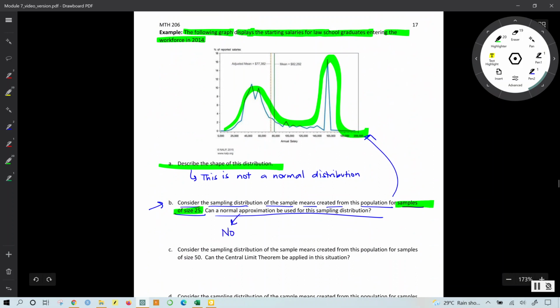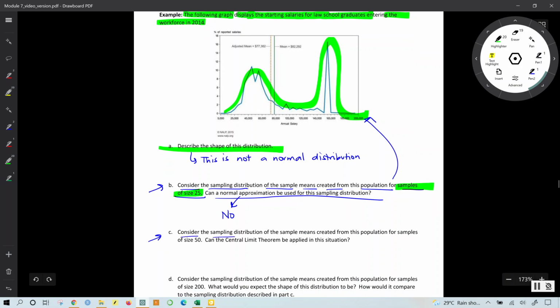A normal approximation cannot be used for the sampling distribution because the sample size is not large enough. In contrast, in question C, consider the sampling distribution of the sample means created from this population for samples of size 50. Can the central limit theorem be applied in this situation?